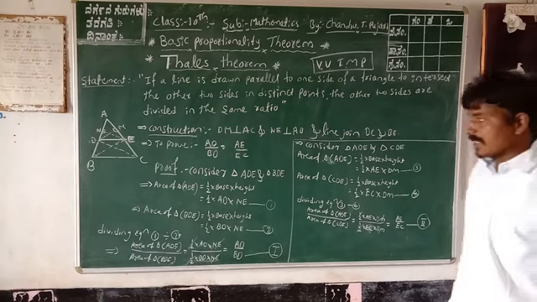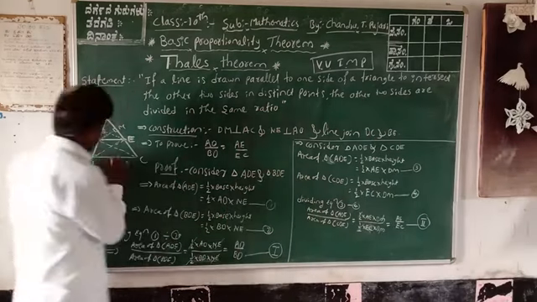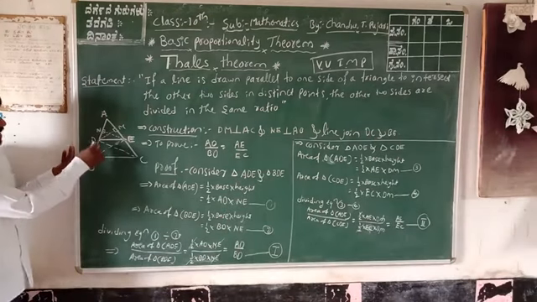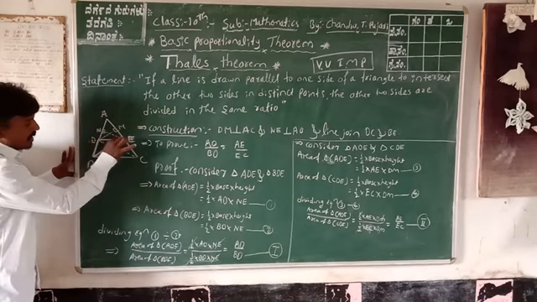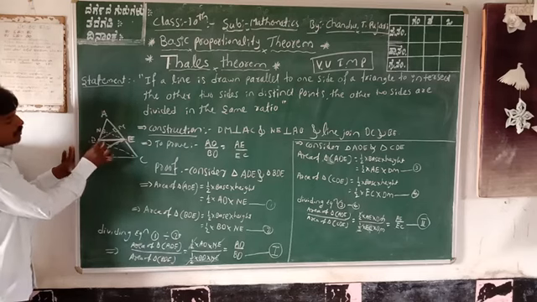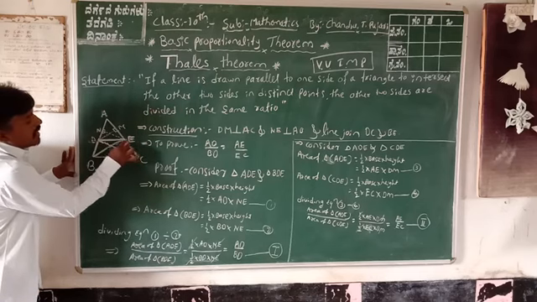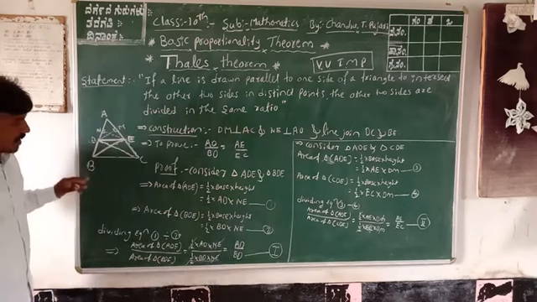Next, comparing this figure, triangle BDE and also this triangle, these two triangles are equal.